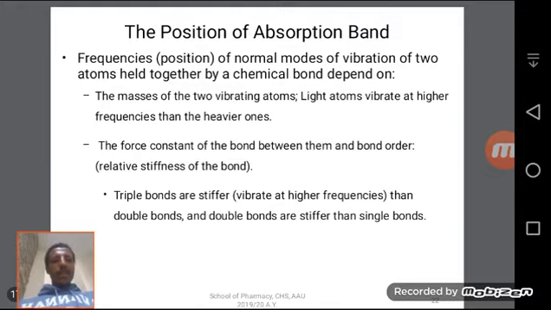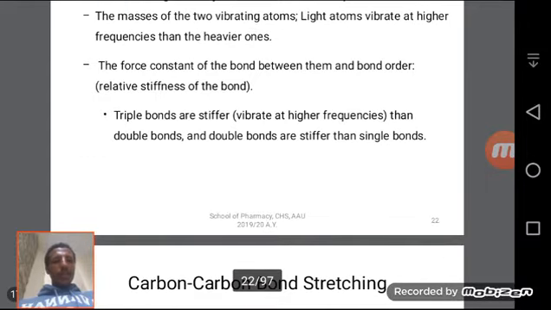When the stiffness of the bond is higher, it needs higher energy to vibrate, and that gives a higher frequency of vibration. Triple bonds are stiffer and vibrate at higher frequency than double bonds, and double bonds are stiffer than single bonds.